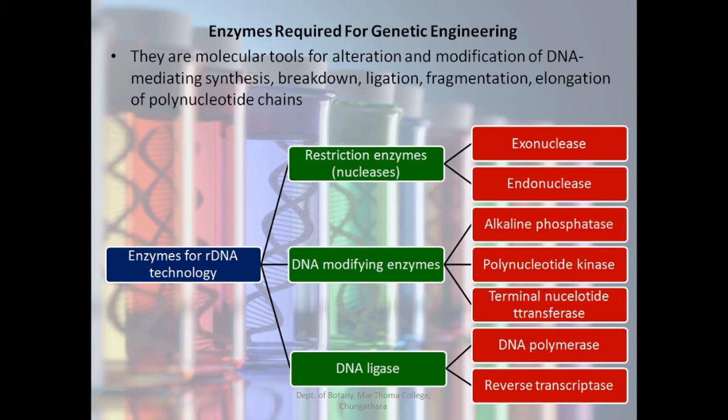We have three and more different types of DNA modifying enzymes: alkaline phosphatase, polynucleotide kinase, terminal nucleotide transferase, etc. are a few examples. Then comes DNA ligase, in which DNA polymerase and reverse transcriptase also belong.